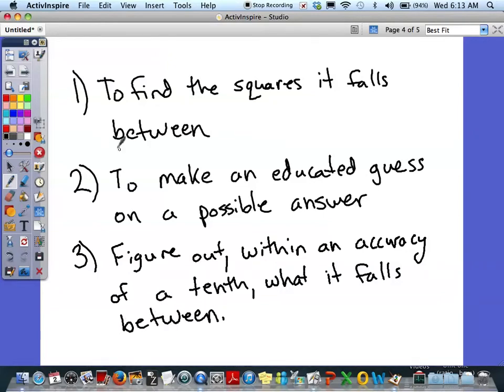So the difference between the first step and the third step is up here. You were just figuring out that it was between 5 and 6. But down here, you figured out it was between 5.8 and 5.9. Now, from this point, you're basically done.